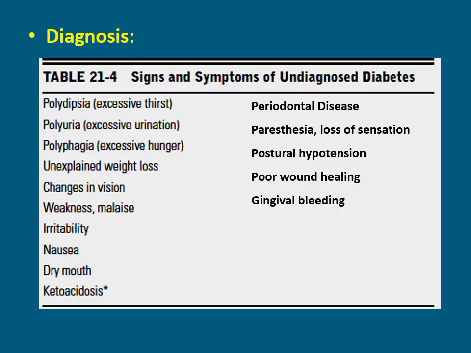Unexplained weight loss, changes in vision, weakness, malaise, irritability, nausea, dry mouth, ketoacidosis, periodontal disease, paresthesia, loss of sensation, postural hypotension, poor healing, gingival bleeding. These are the signs and symptoms of diabetes.